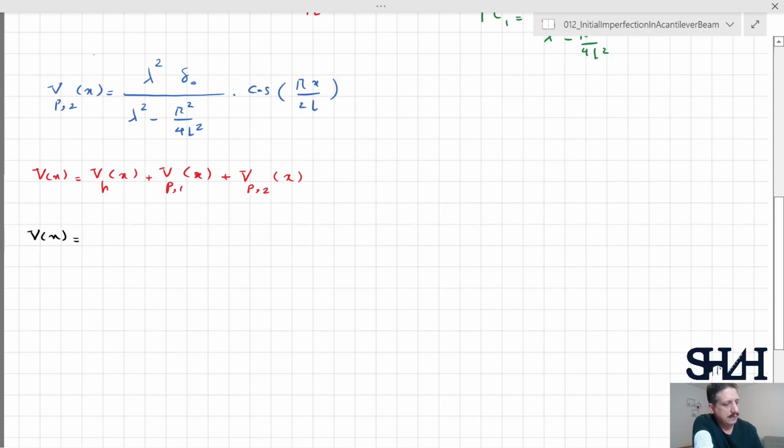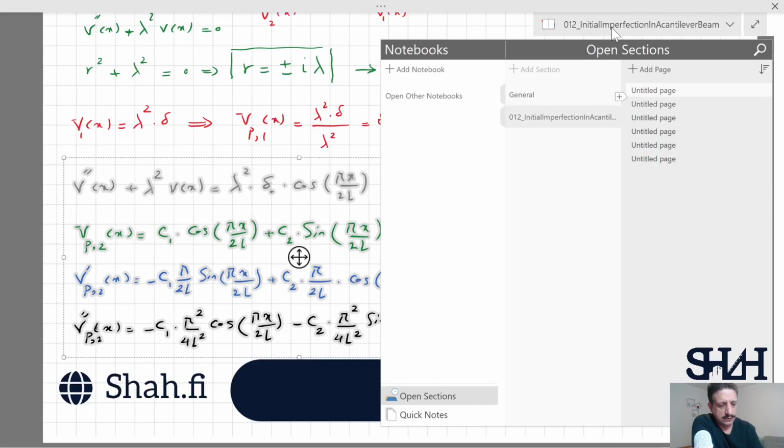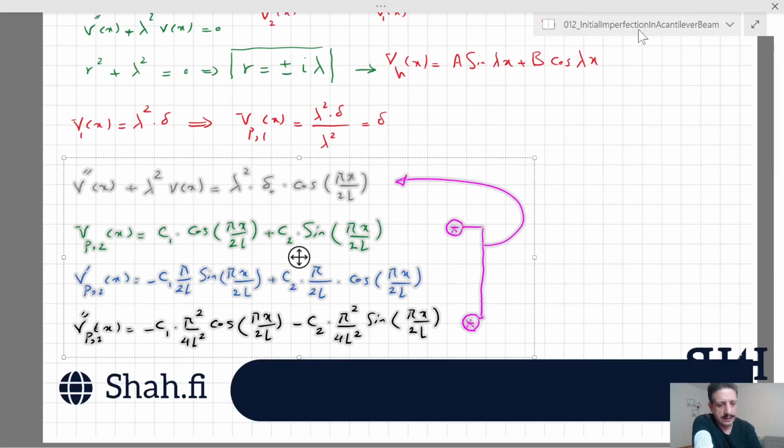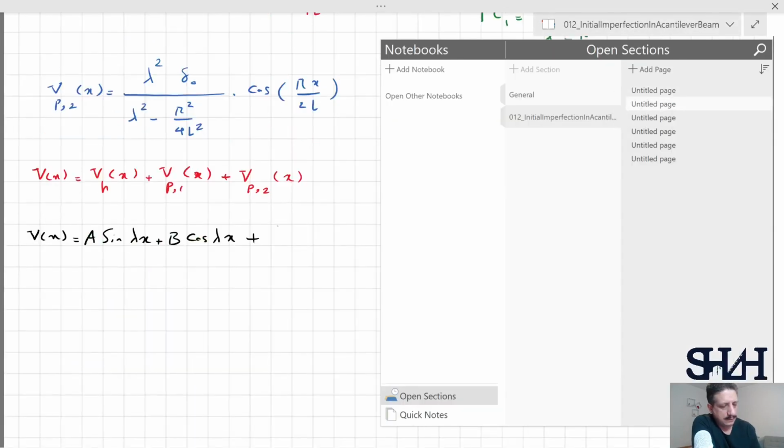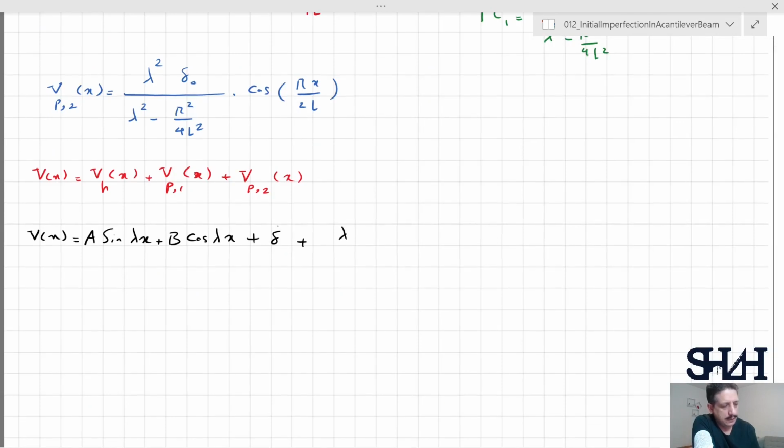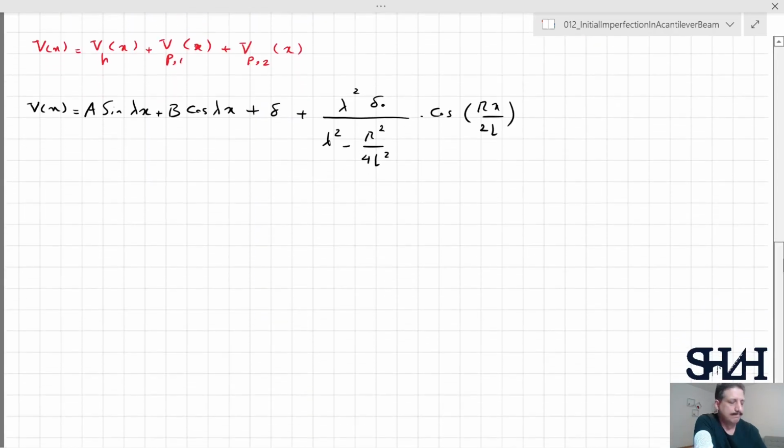V at x will be A sinus lambda x plus B cosinus lambda x plus particular solution 1, which was delta, plus lambda square delta 0 divided by lambda square minus pi square over 4L square, times cosinus pi x divided by 2L. Now what kind of boundary conditions do we have here?